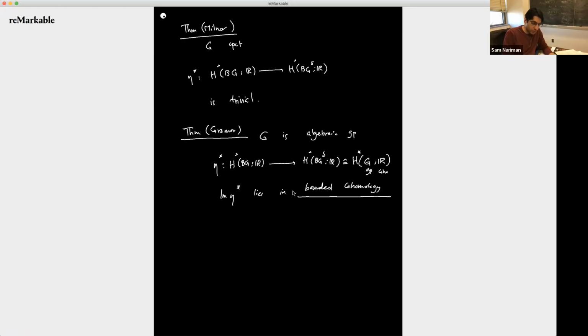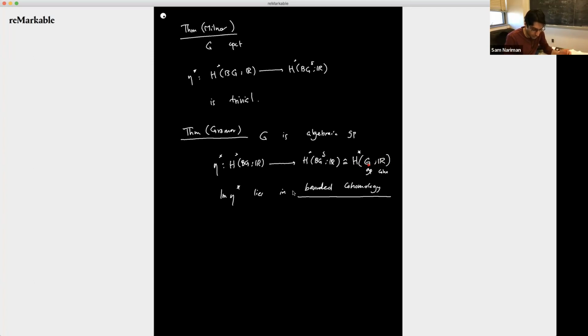And when you think about group cohomology, you can consider those cocycles that are bounded. So R is your coefficient. There is the usual metric on R, so you can talk about bounded numbers. If you consider those cochains that are bounded on G, you can take its cohomology.